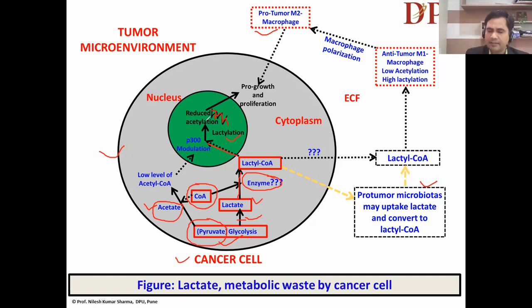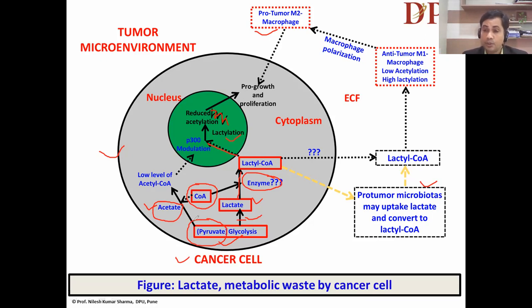It is helping the tumors or cancer cells to achieve hypoacetylation, or you can say it works in favor of cancer cells for their growth and proliferation. So irrespective of the lack of evidence on the participating enzyme, the possibility of this metabolic link between lactate production and epigenetic modification is also convincing. But in future, these enzymes have to be discovered.